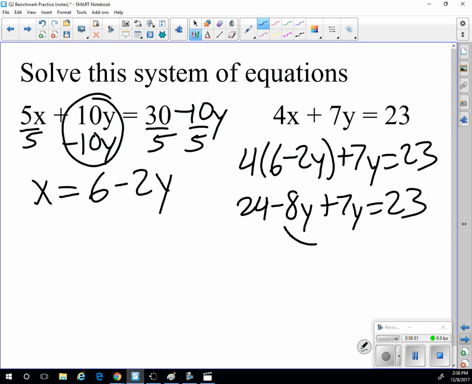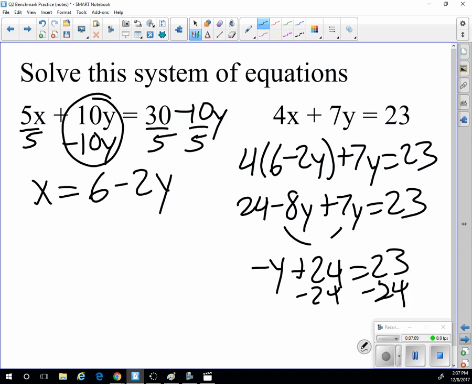So combining these two terms that have y in them, it's negative y. We have 24 still. And equals 23. So if I subtract the 24 from each side, that says negative y equals negative 1. I can just divide each side by negative 1. Now it says y equals 1.